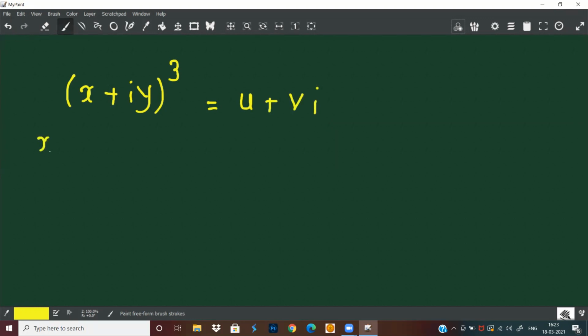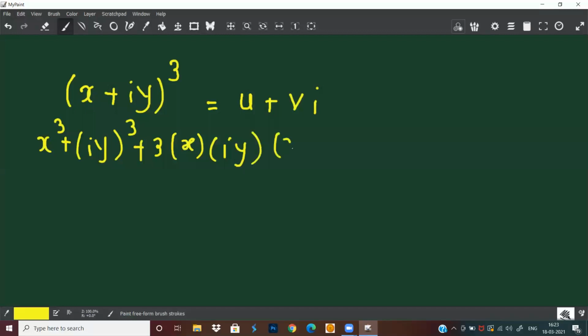So it is the cube of the first plus the cube of the second plus 3 into first into second into (first plus second), the same as in u plus vi, correct? Someone is asking me this as a doubt.